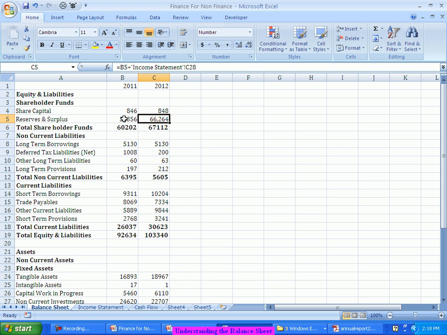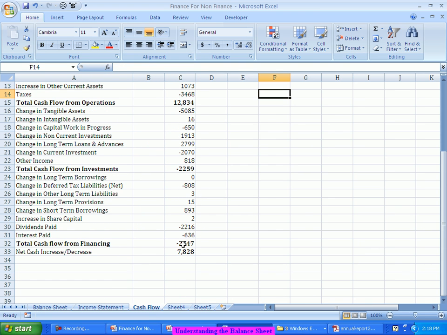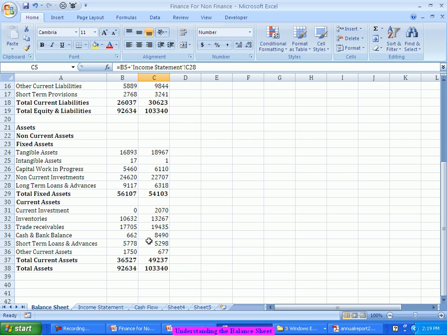But the cash will come as the outcome of the cash flow statement. Probably if you see here, the net increase or decrease in the cash is 782 crores. That is the increase which is being seen here.